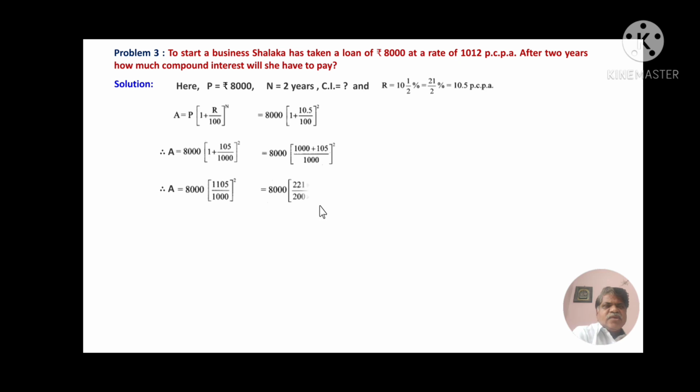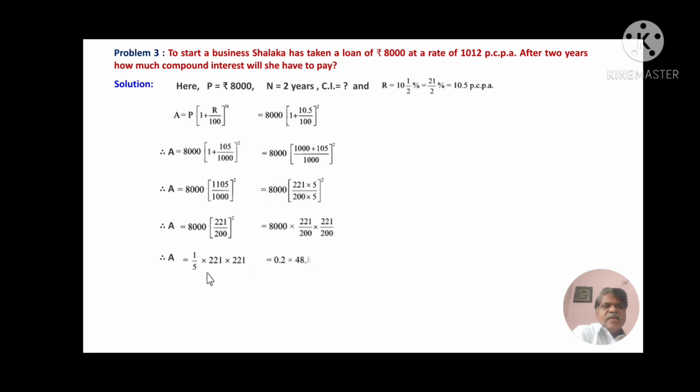Again 8000 into bracket 221 into 5 upon 200 into 5 raised to 2. Therefore A is equal to 8000 into bracket 221 upon 200 raised to 2. This can be written as 8000 into 221 upon 200 into 221 upon 200. Simplify this one, you are getting 1 upon 5 into 221 into 221.